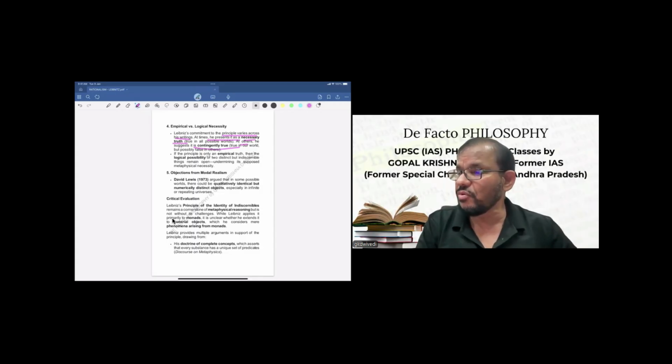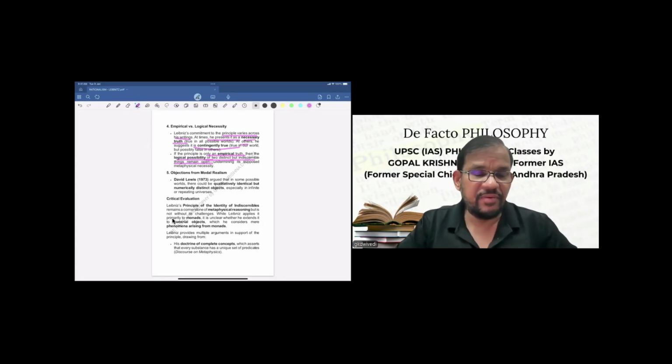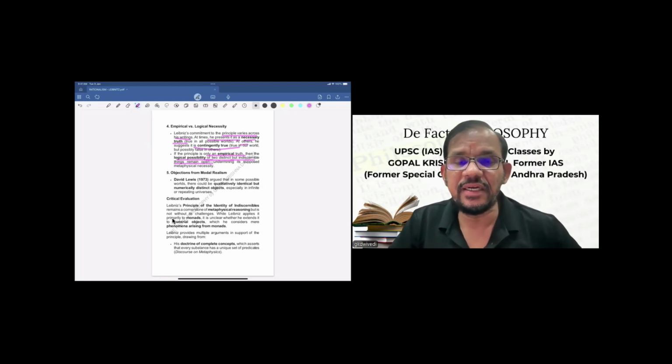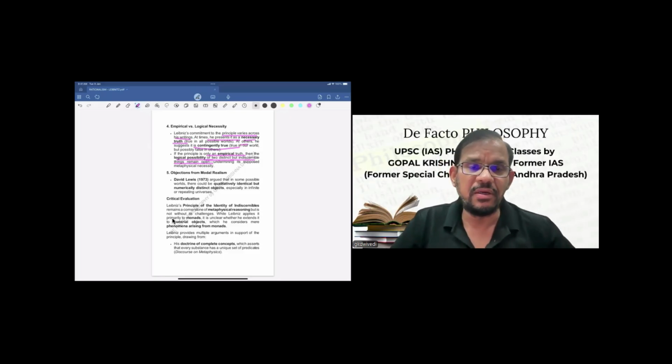If the principle is only an empirical truth, then the logical possibility of two distinct but indiscernible things remains open. So first it appears that he wants to make it a necessary truth, but then in some of the writings it is only an empirical truth and not a logical necessity, which means that in future it may be possible also.